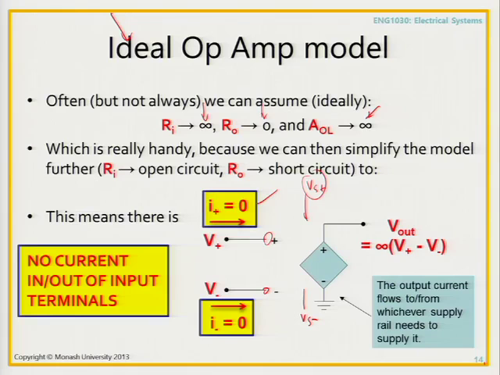This is the first golden rule of op amps. The current I plus going into or out of the positive input terminal and the current I minus going into or out of the negative input terminal are 0. No current goes into or out of there. We'll harp on that time and time again, and I'll show you how that makes life really easy when we are designing circuits using these op amps.